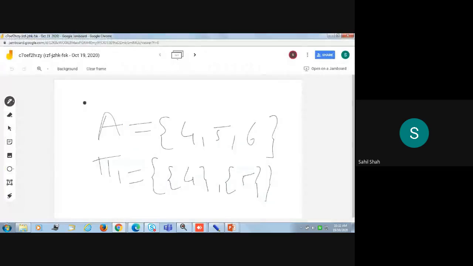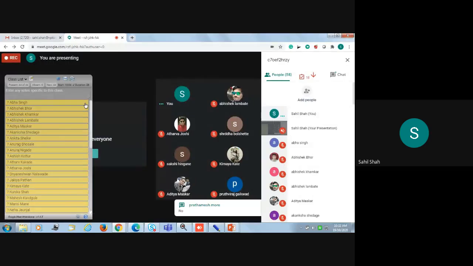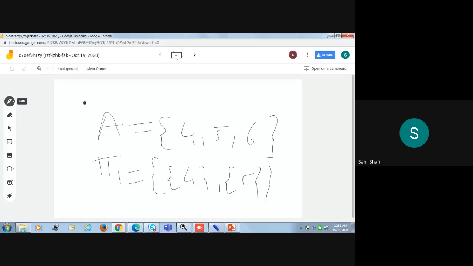You can directly write there. If it is not, it is not. Okay, why is it not? It is not because if you take the union, you will have only 4 and 5. That is not equal to the original set A. Hence, this is not a valid partition. Agreed? Agreed. Okay.